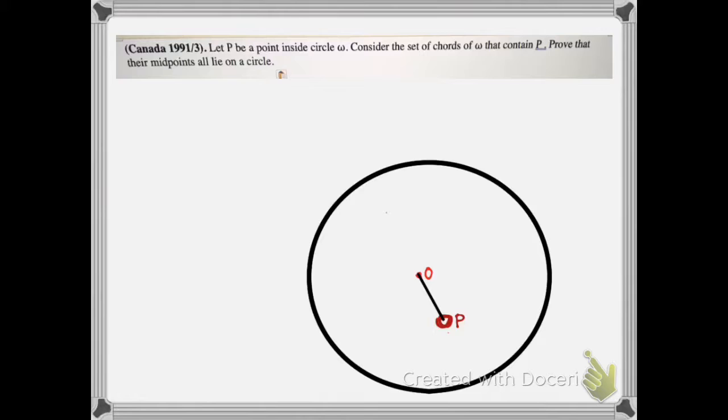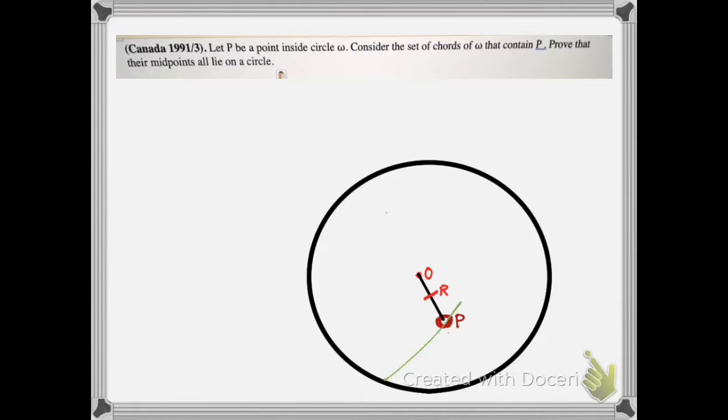Right? So now we know O and P are on the circle. And what can we conclude from that? Well, OP is going to be the diameter of this circle. And as I conjectured before, the midpoint of OP is going to be the center of the circle. Let's just call that R. We've reduced what was a seemingly difficult, complicated problem to a much simpler one.